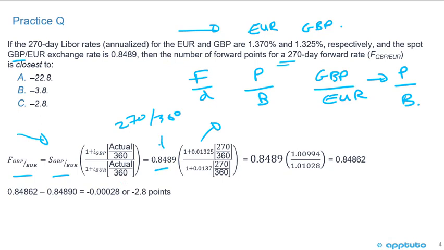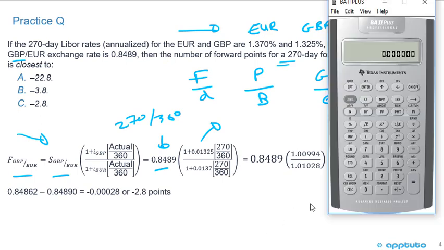So there's our spot rate. That's fine. And now we've got our numerators and denominators set up. So if we just bring up the calculator very quickly to go through this. You can see my numerator, and again, one of the tricks that I said, 1.325%, I just want to be careful, 1.325, I'm going to hit the percentage key just so I don't get any mistakes with my decimals.